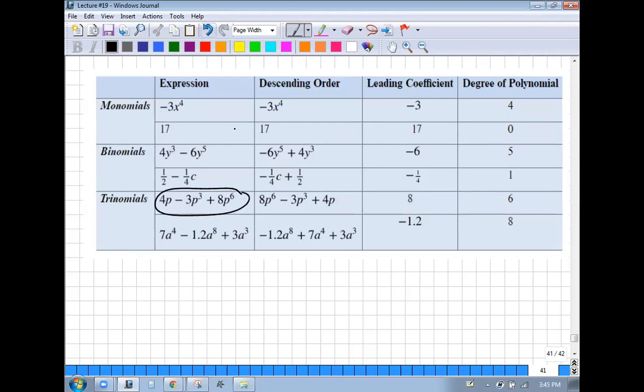They don't write it like this. They write it like this. You put this one first because it has the highest power, and then that one second. So this is the way you would want to write it. And the leading coefficient is the number before the highest power. And the degree is 6.